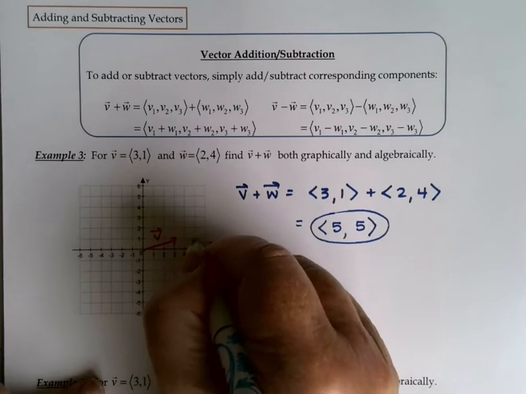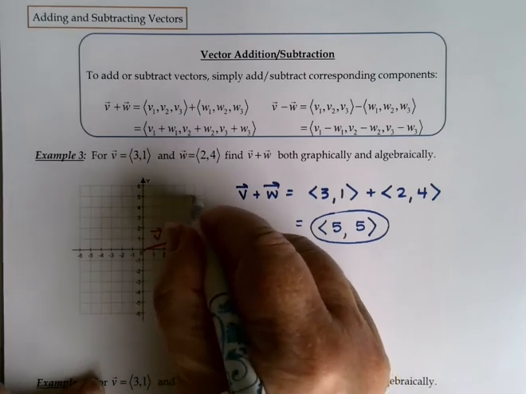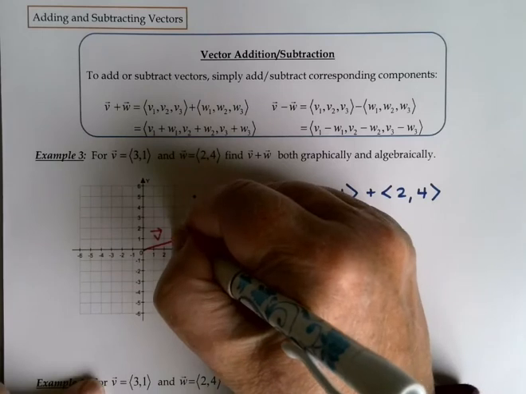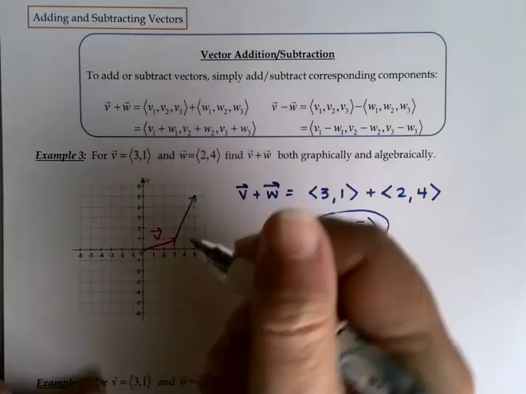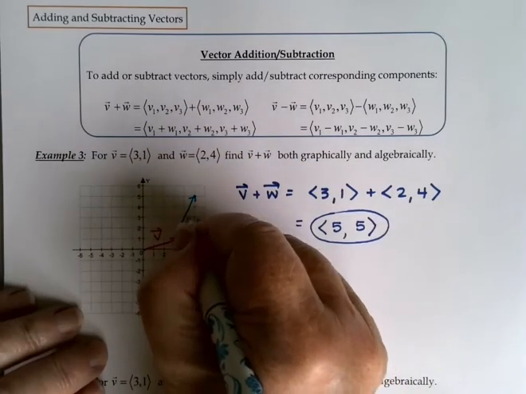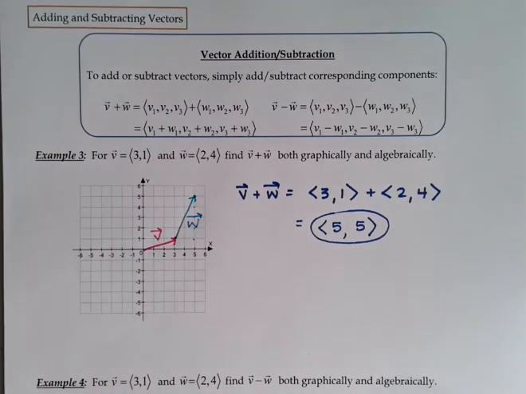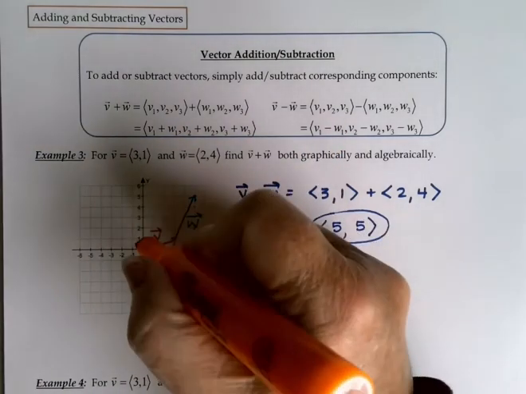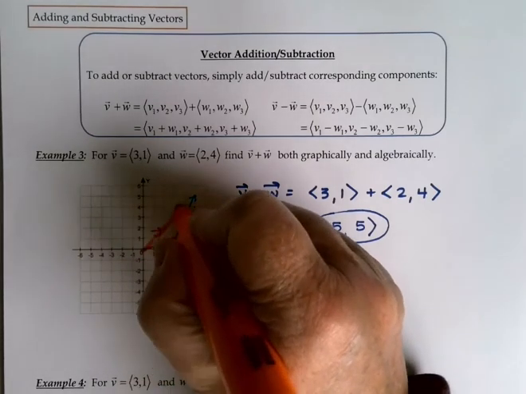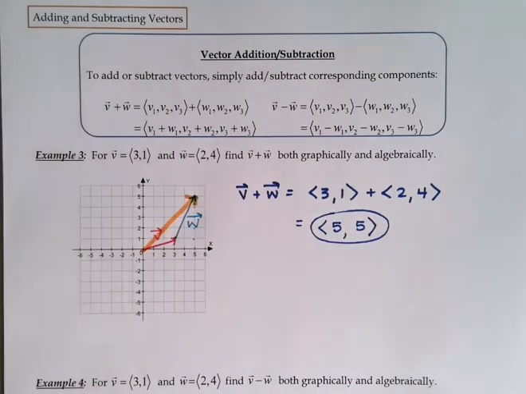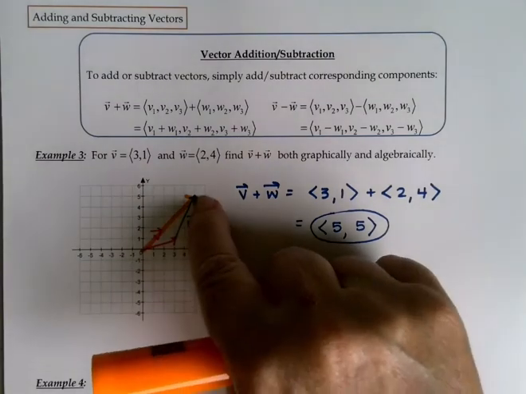So right 2, up 1, 2, 3, 4 brings me to there. And this is the vector w. It's not w in standard position, but it's still w. If I now take a look at the vector in standard position that connects from the origin all the way to where I ended up, that sum vector is 5, 5.